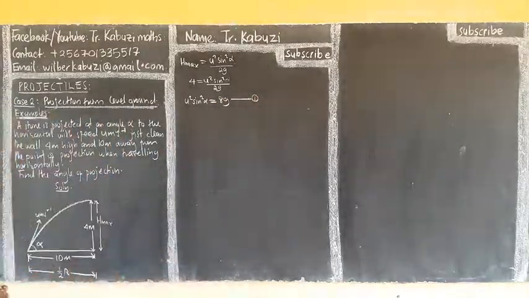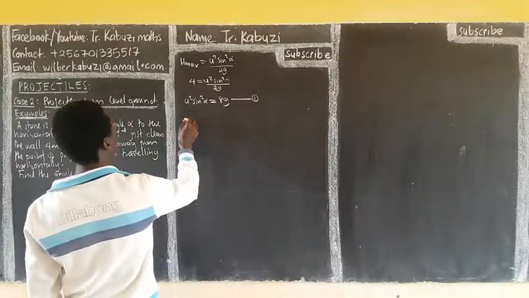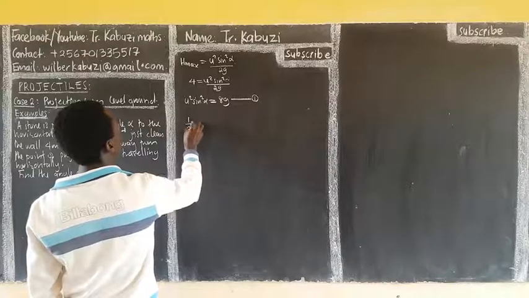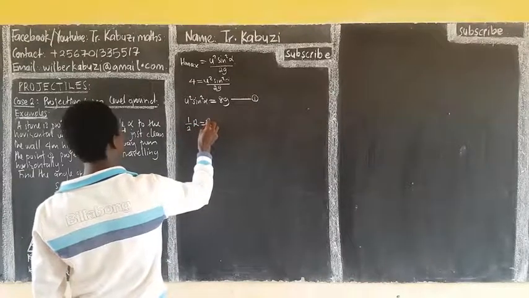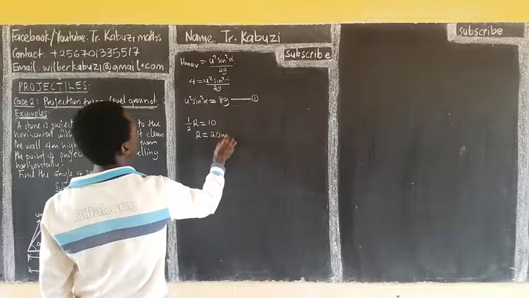Now I come to my range. They are giving us that half of R is 10. In simple terms, my range is going to be 20 meters.